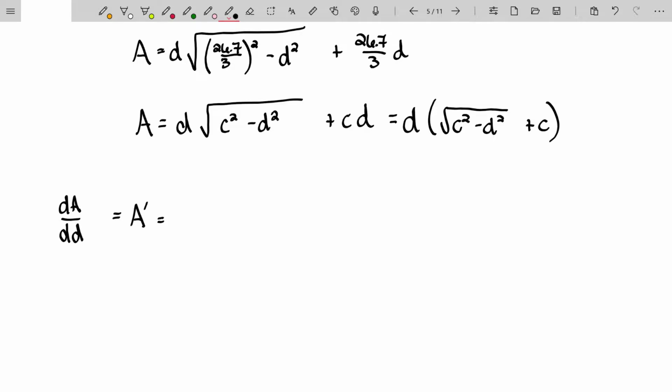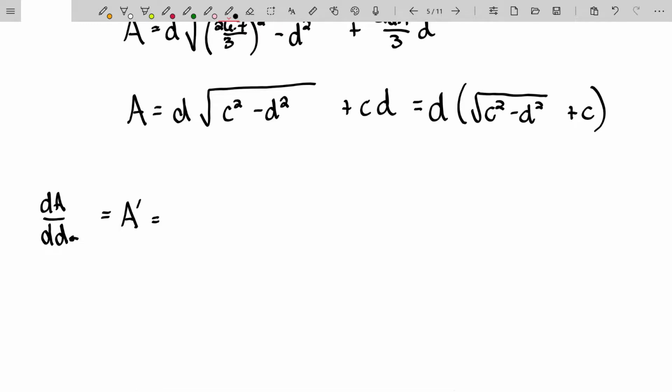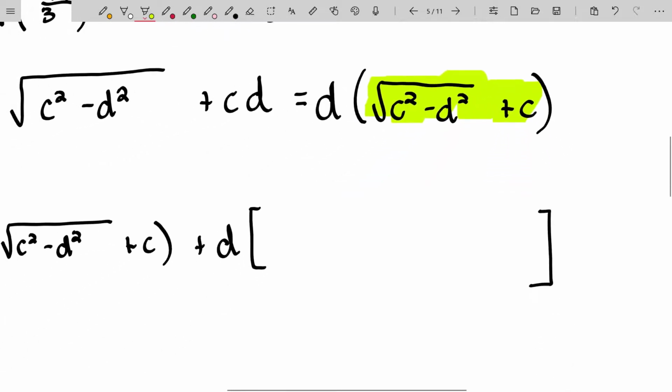So, the unfortunate use of that letter D, by the way. The derivative of D is 1. So that's the derivative of the first function times the second, which is root C squared minus D squared plus C. So it's 1 times that plus D times the derivative of this second function, the derivative of all of this right here. And remember, C is a constant, so the derivative of that plus C is 0.